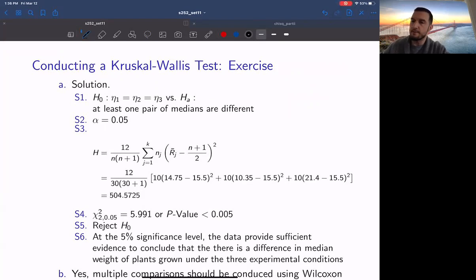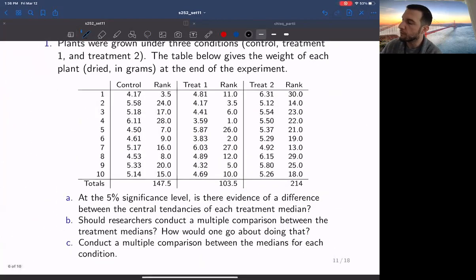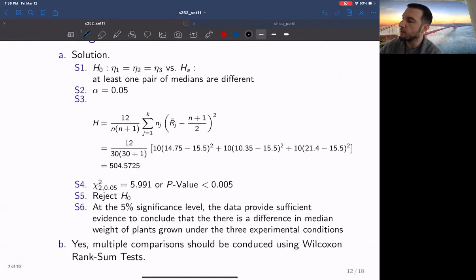Notice again that we have that value 12. That's constant across all Kruskal-Wallis test statistic calculations. Again, the R bar j here are the average rank. So this is the sum of the ranks from each sample divided by the sample size. On the previous slide, we had 147, 103.5, and 214. The sample sizes are 10 for each of them. So you can see that now we have 14.75.